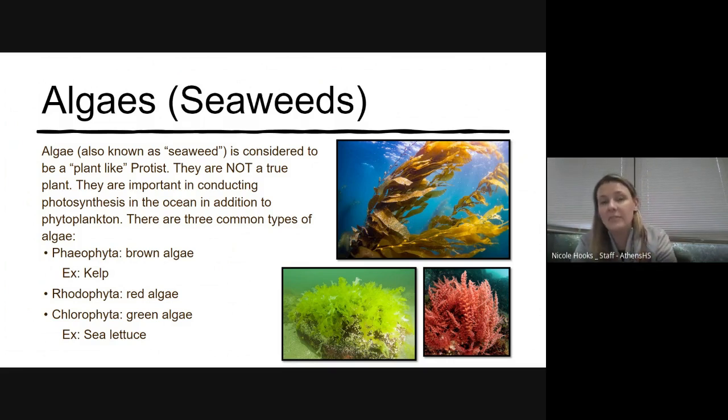So if something is considered a plant, they have to actually have essentially veins. They have a way to transport water and food throughout their organism, their body, through cells. Protists don't have that.